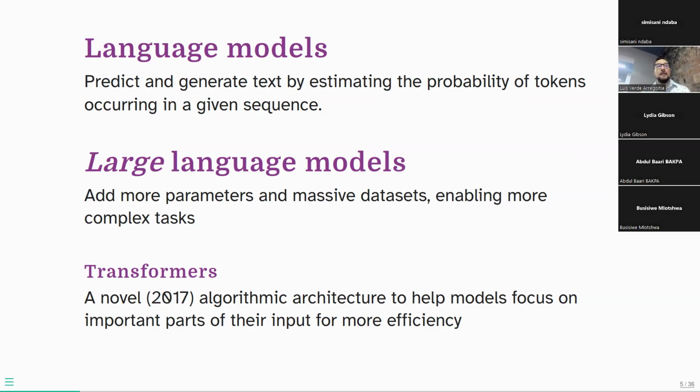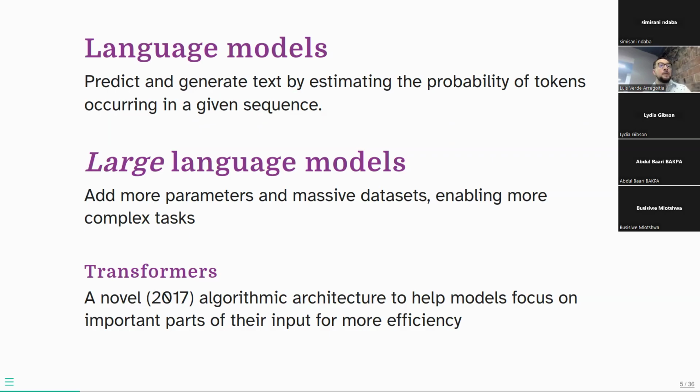More recently, people and teams and developers have been adding more parameters and really big training data sets to language models so that they're now large language models. An important part of this was something called transformers, which is, at least to me, a very complicated mathematical algorithmic architecture, but ultimately it helps these models be more efficient in terms of memory and speed.